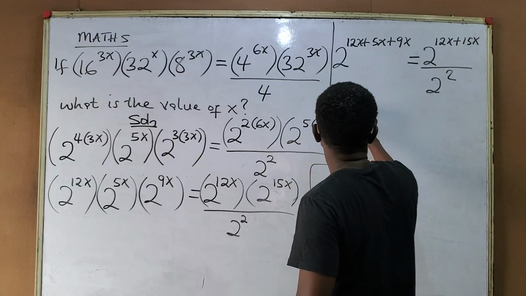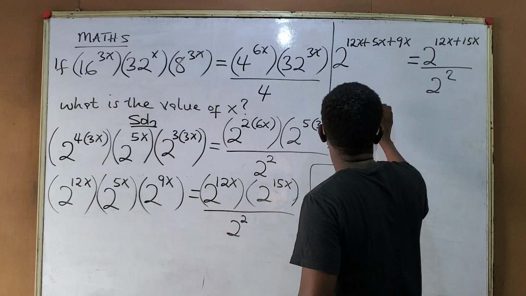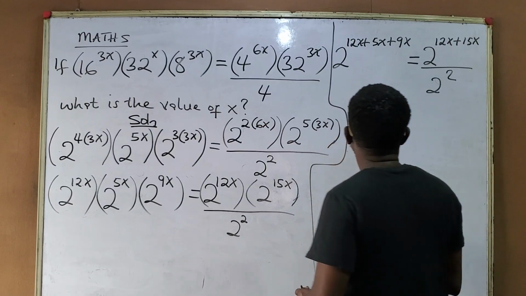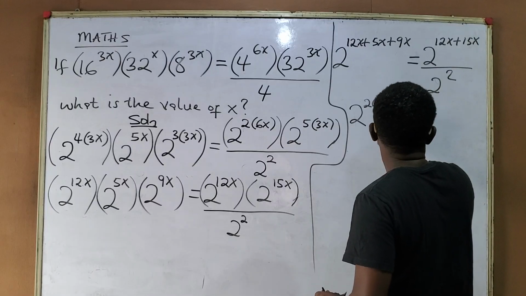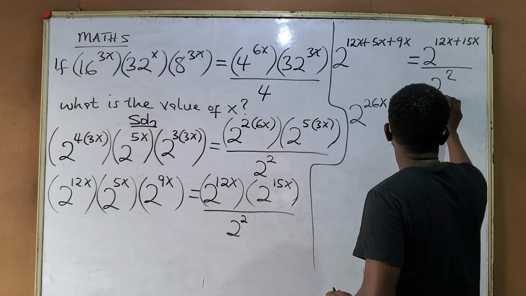So we have 2 to the power 26x equals 2 to the power 27x.